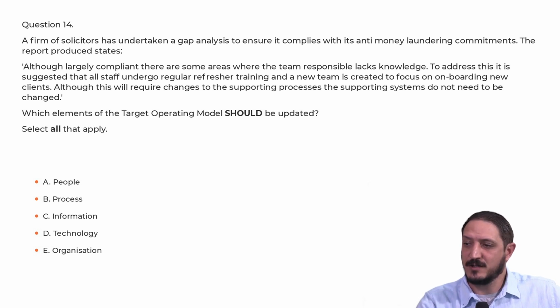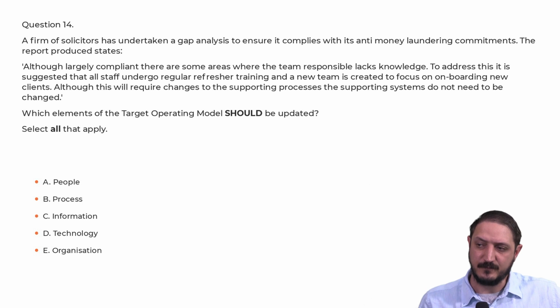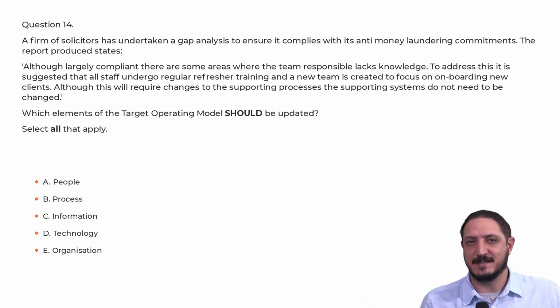Then if we continue, it says the supporting systems do not need to be changed. So we stop there, and what they're saying is there's nothing that needs to be changed from the actual system.